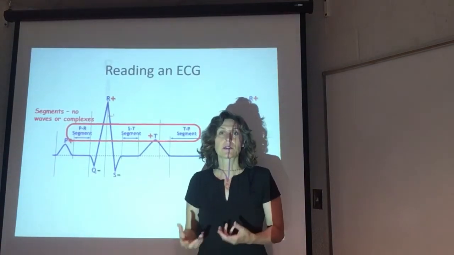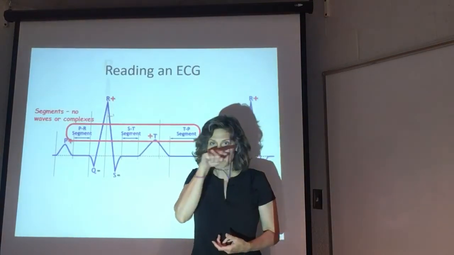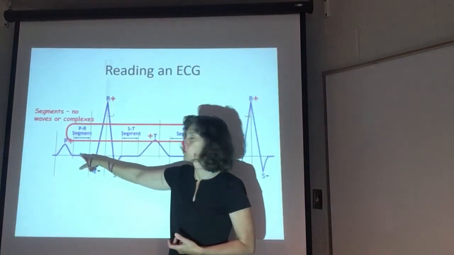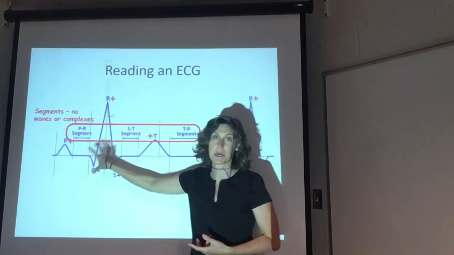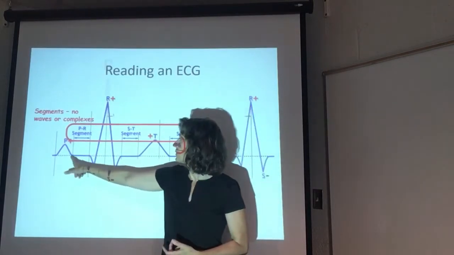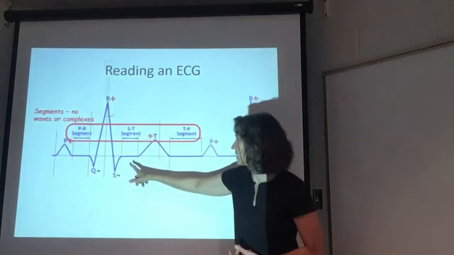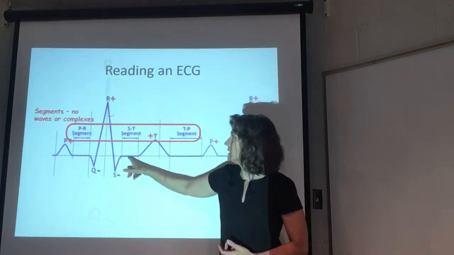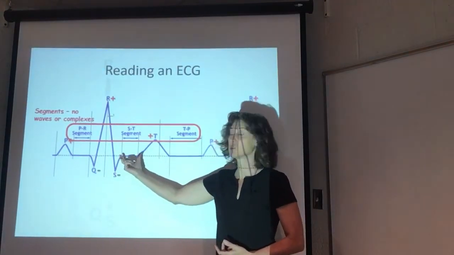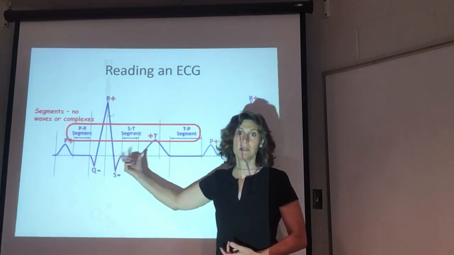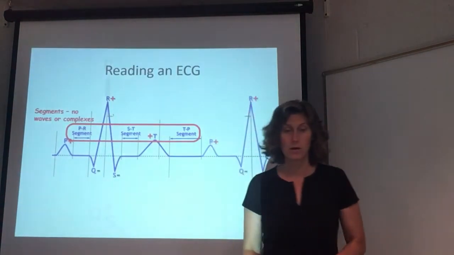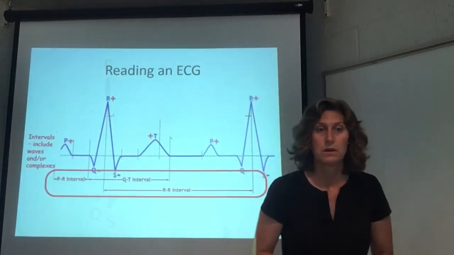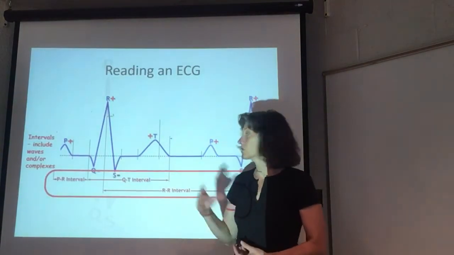In a real electrocardiogram, you're not just going to see a perfect flat line. There's still some waviness going on here, but this is a hypothetical illustration. So when very little is going on, you're in a segment. Same with the ST segment. It's the period of time between waves and complexes, but not including a wave or a complex. Now, intervals are similarly named.